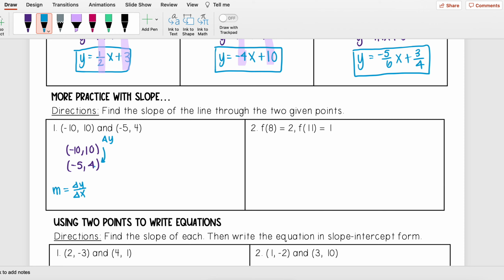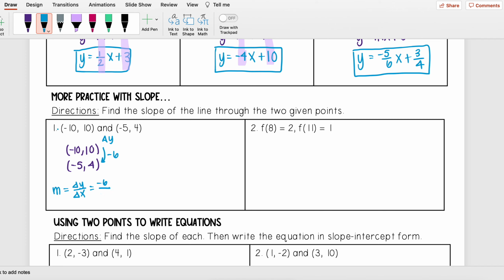Well, from 10 to 4, I'm really subtracting 6. So I do 10 minus 6 gets me 4. If you don't see that right away, another way you can find that is just to do 4 minus 10. So take your second number and subtract the first, and it'll get you -6. So that means that -6 is on top.